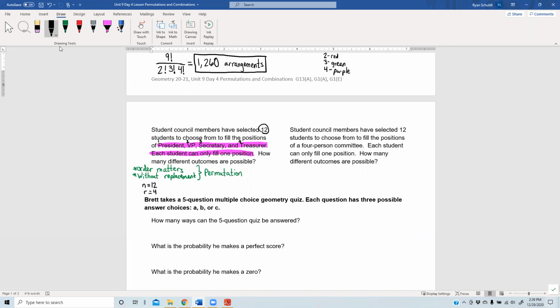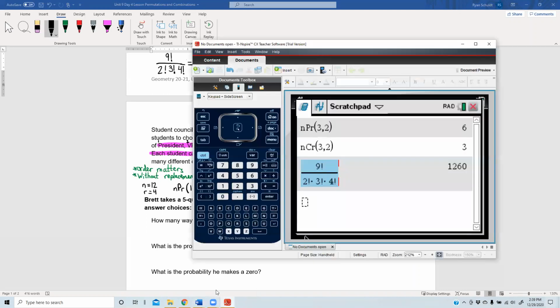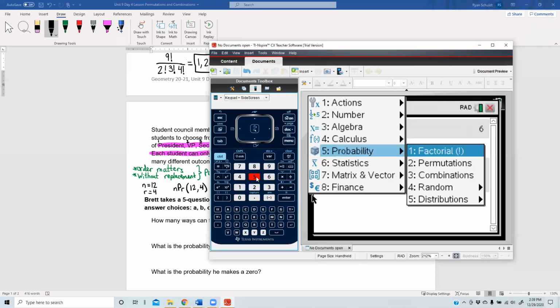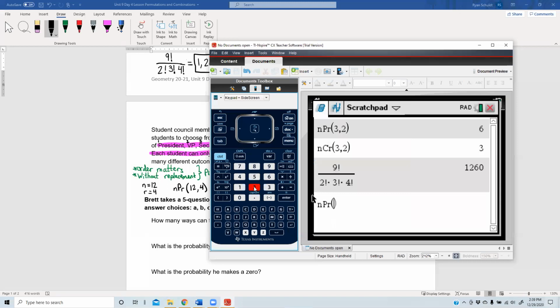It's a permutation, so we can do this in the calculator now. NPR, 12, 4. Do that in the calculator. So go back down here. Menu 5, 2.